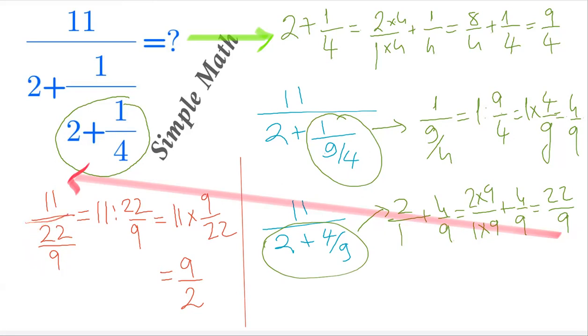Again, this is a division. We can first write it in division form, then change it into multiplication as a rule for fractions. When we multiply these two, we can simplify, or we can simplify these two first. We will get 1 over 2, and so it becomes 9 over 2.